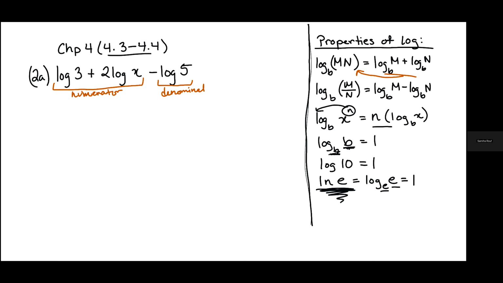Okay, now before we combine them into the numerator and denominator, we want to make sure that if there are any numbers in front of the log expressions, we move them here where they become a power. So now we're taking this step and moving it back to get this form.